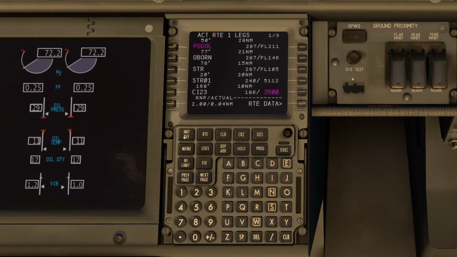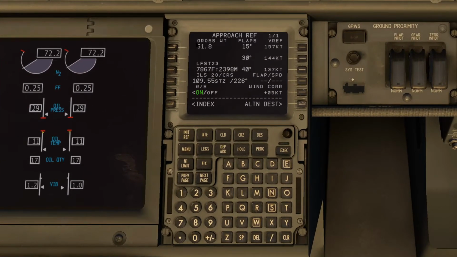On the approach page we will use flaps 30. Well, there is an ILS Zulu runway 23, so 109.55 on a course 226, and the ident is Sierra Tango Zulu.